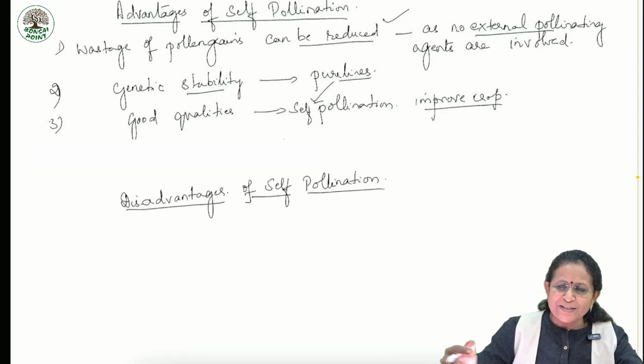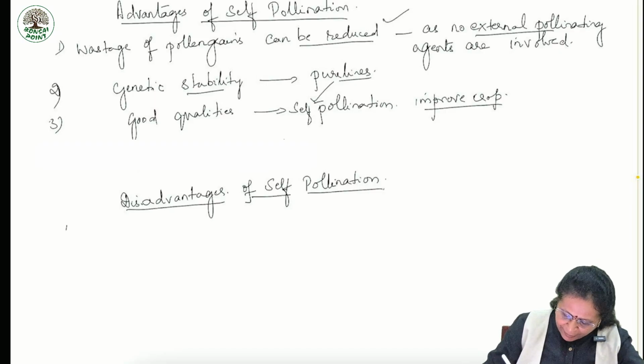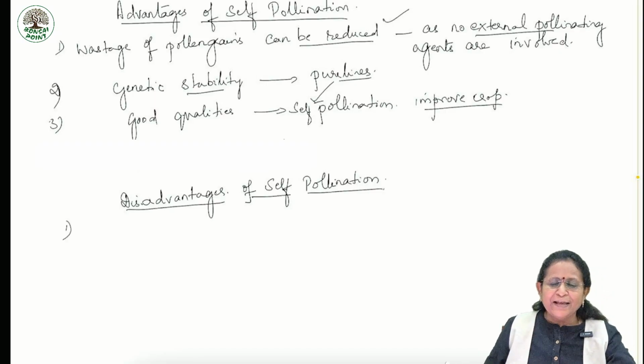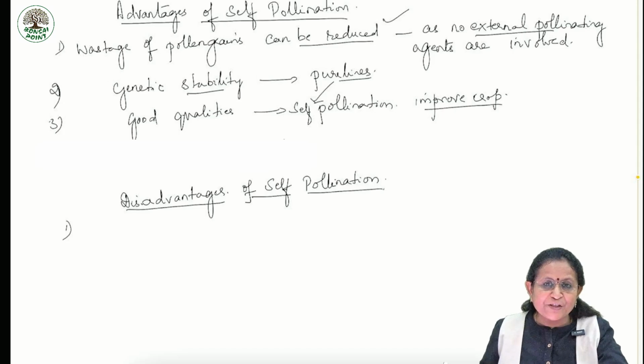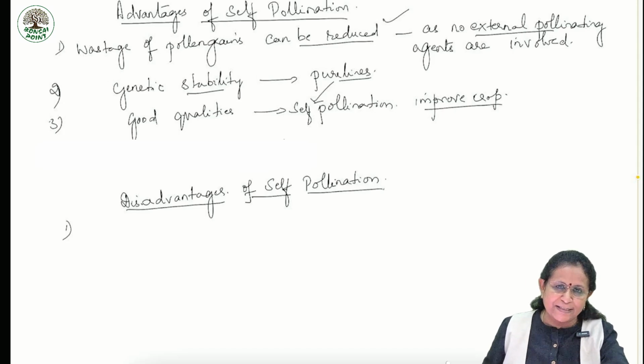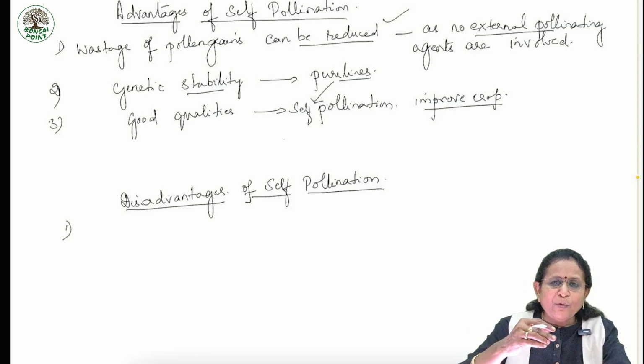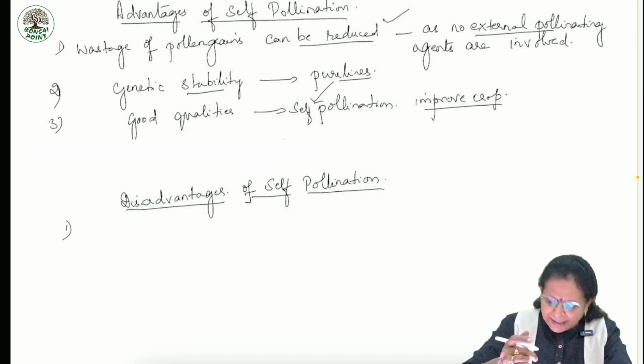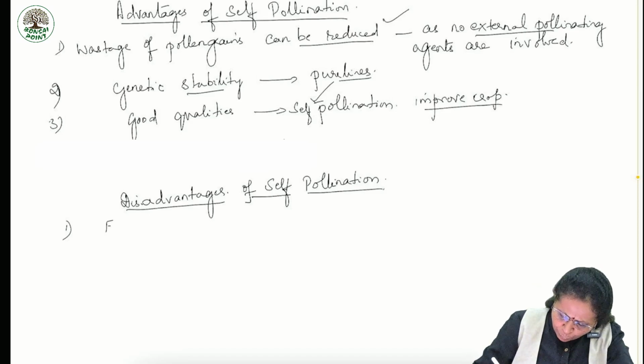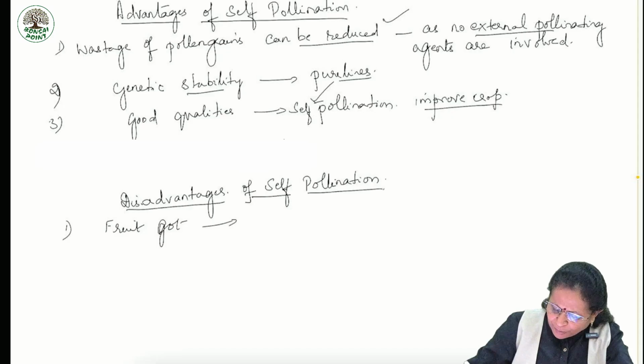Okay. Yes, students. Let us see what are the disadvantages of self-pollination. No doubt we said that self-pollination ensures genetic stability, etc. But what do most of the scientists say? They say that fruit got by self-pollination shows deterioration.